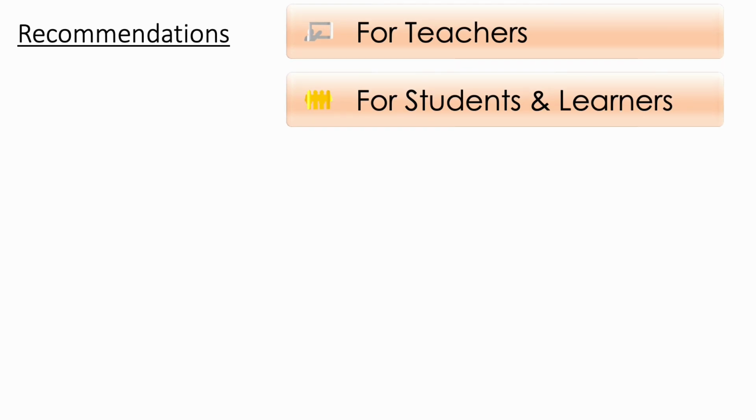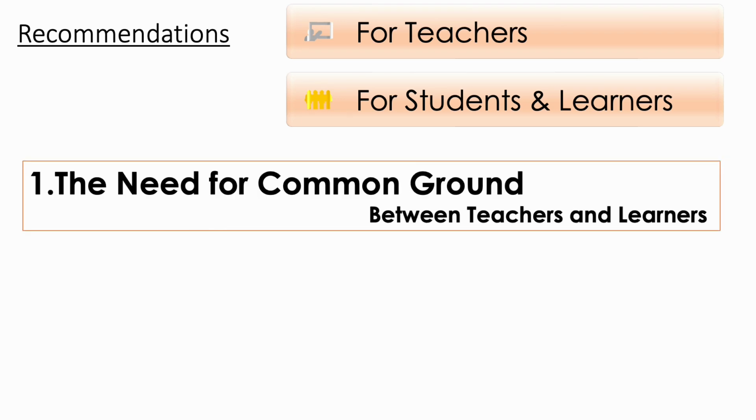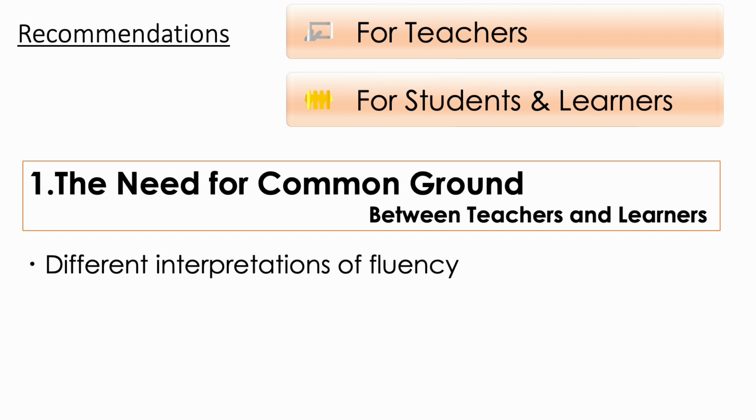Finally, I'll present 2 practical recommendations for language teachers and students to consider. The highest priority is for both teachers and learners to be on the same page about fluency. Different interpretations of fluency are likely to prevent teachers from providing appropriate instruction to their students.